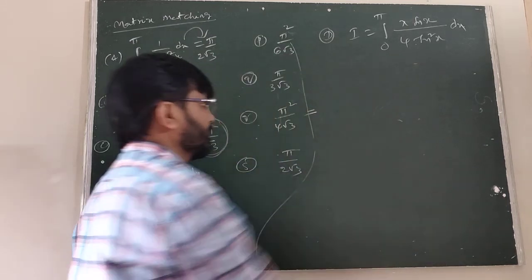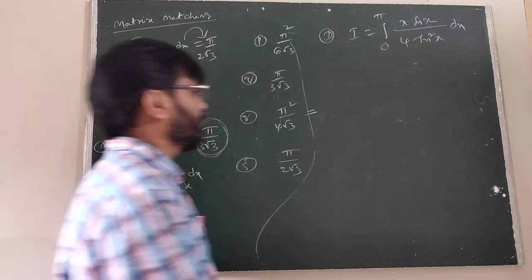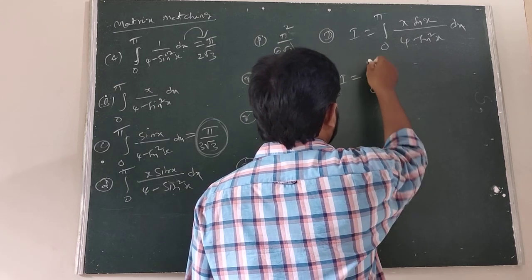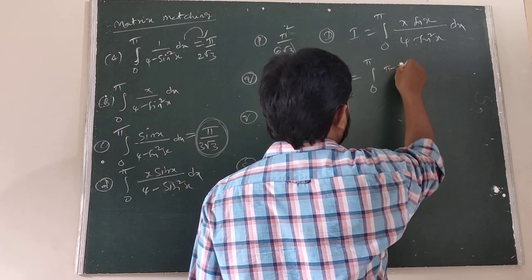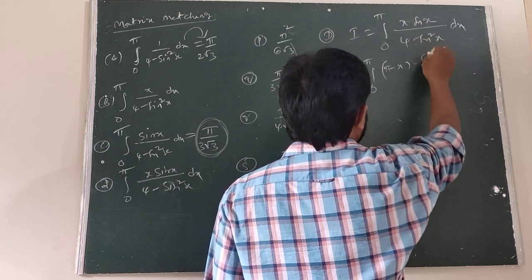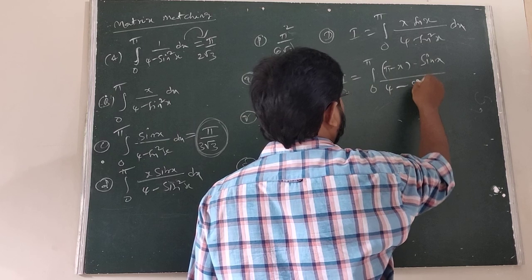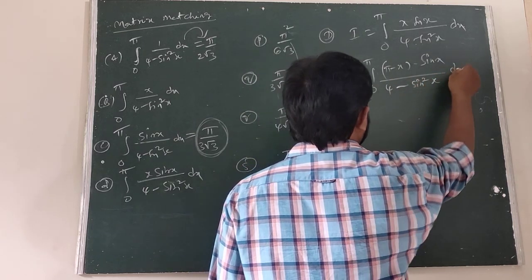Integral from 0 to a of f of x is integral of f of a minus x. That is, I equals integral from 0 to pi, where x is replaced by pi minus x: sin of pi minus x is sin x, and sin square of pi minus x is sin square of x. Is it clear?